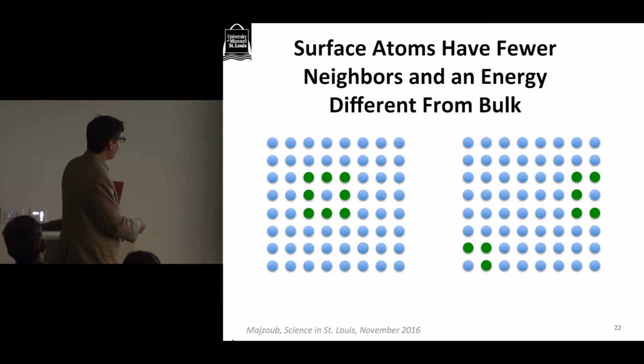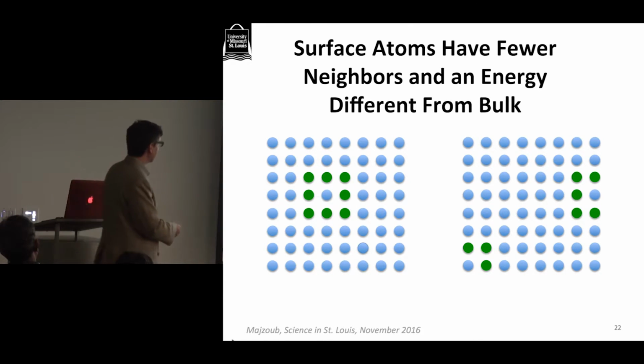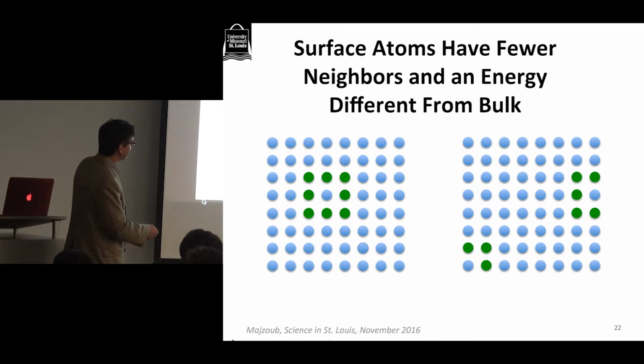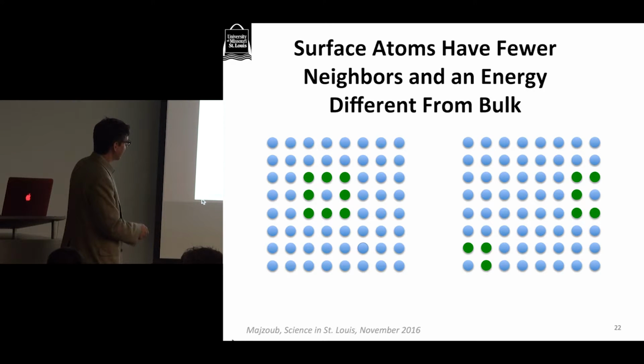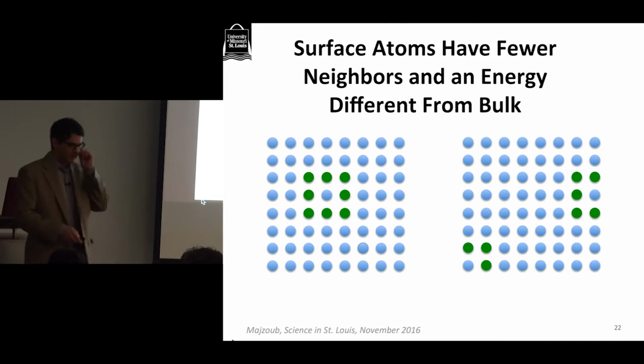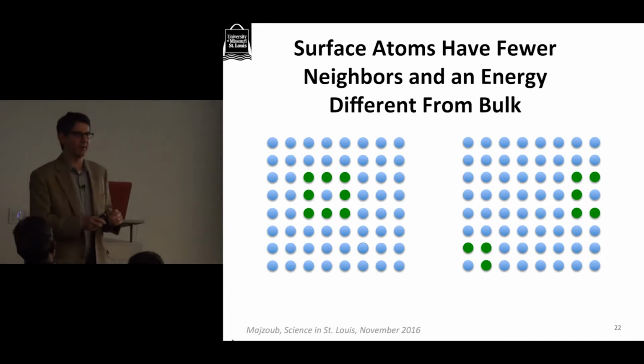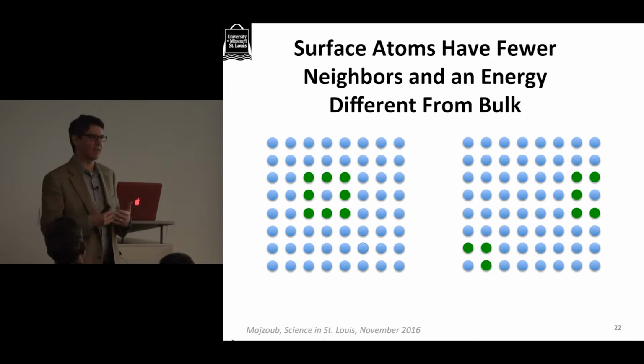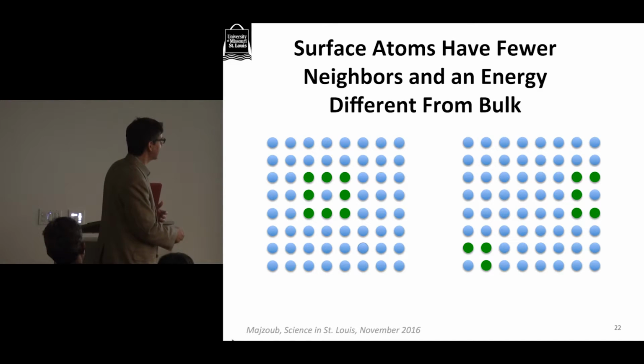And there are more atoms in the bulk than there are on the surface for a very large material. On the other hand, if I look at a particular surface atom, in this case I have 1, 2, 3, 4, 5 neighbors, and in this surface atom, I only have 3. So the point here is that if you're on the surface, you have fewer neighbors than you do if you're inside the bulk of the material.